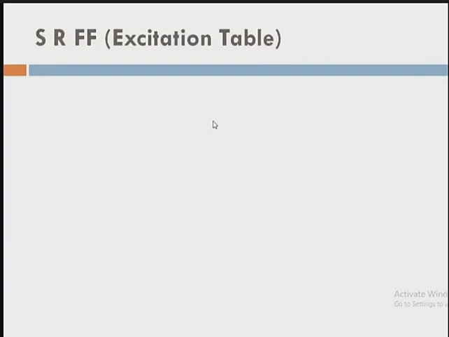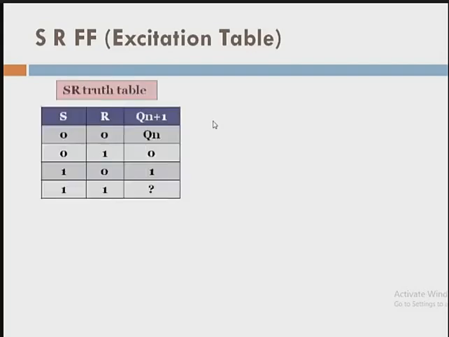Now consider the example of the SR flip-flop first. Whatever steps we use, we are actually using 3 steps. Out of these 3 steps, basically 2 steps are the same ones we consider when discussing the topic of conversion of one flip-flop to another flip-flop. The first step is to write down the truth table of the SR flip-flop.